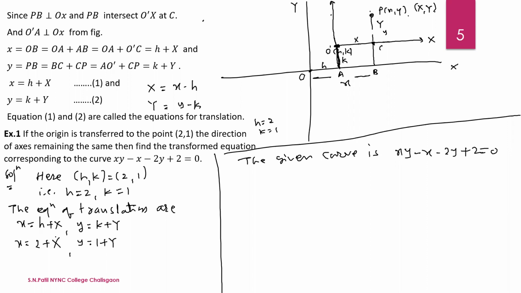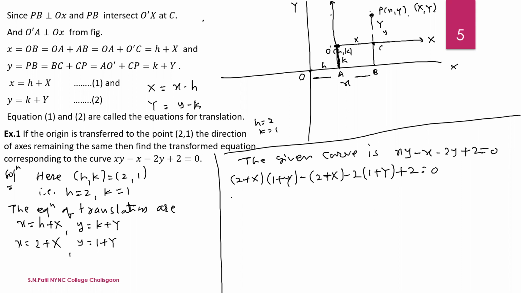Now we put these values of small x and small y here, then we get x is 2 plus capital X, y is 1 plus capital Y: (2 plus capital X)(1 plus capital Y) minus (2 plus capital X) minus 2 times (1 plus capital Y) plus 2 is equal to 0.